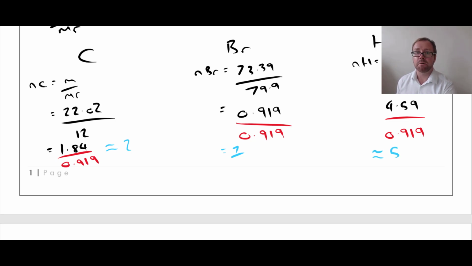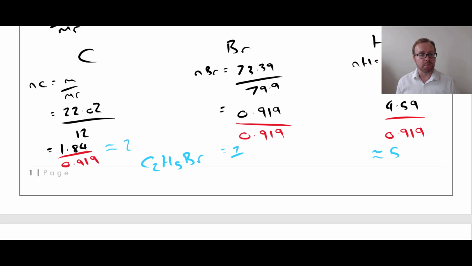Remember, we're trying to work out whole number ratios. If you get 4.99, we can round it up to 5. If you get 1.5, you don't know whether to round it up or below, so you have to do something else, as you'll come on to in the next example. Right, so I'm going too far ahead. I've worked out that my empirical formula then is, I've got 2 carbons, I've got 5 hydrogens, C2H5, and I've got 1 bromine.